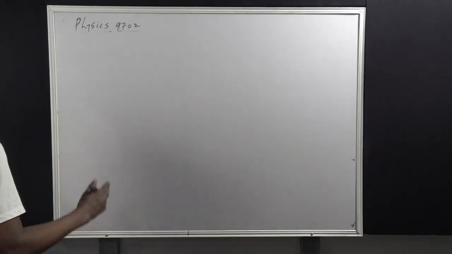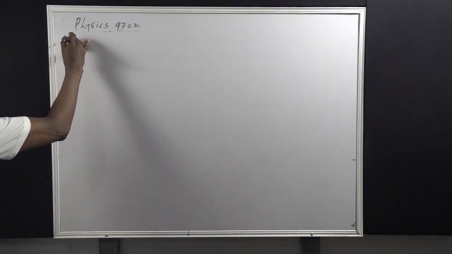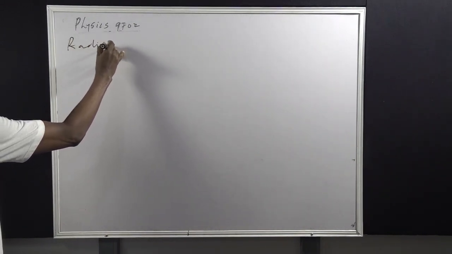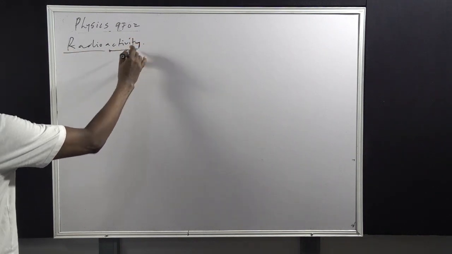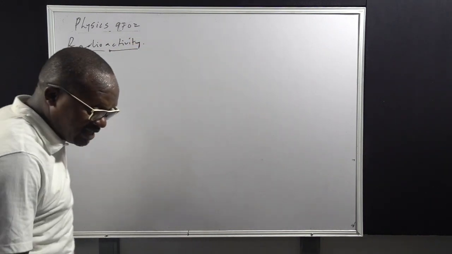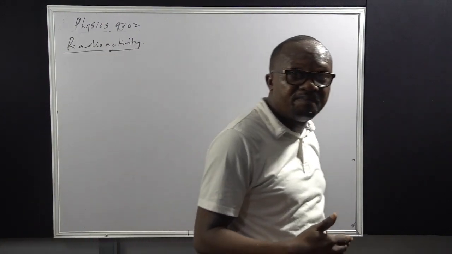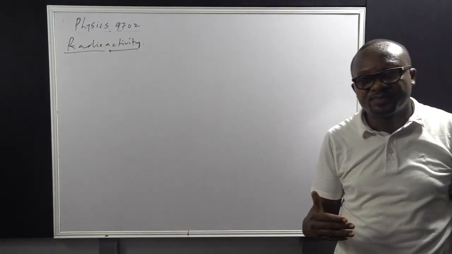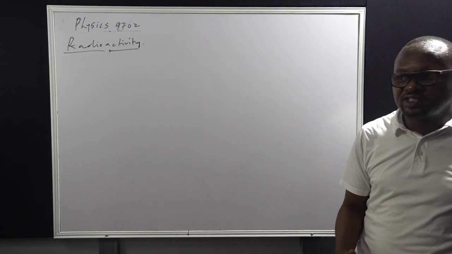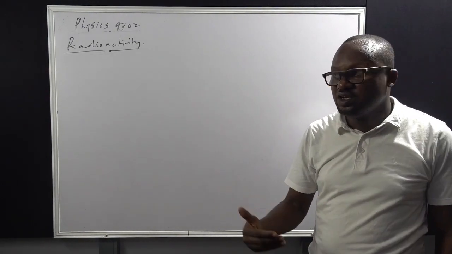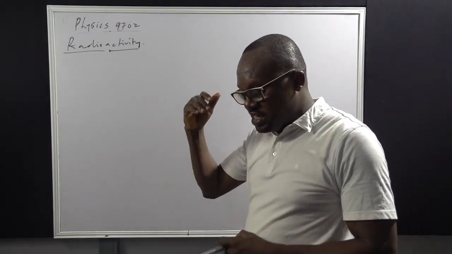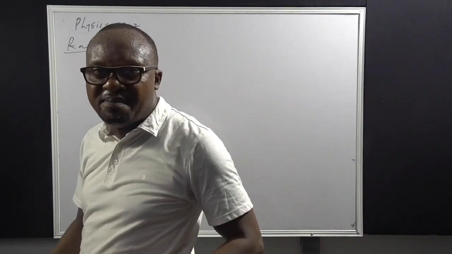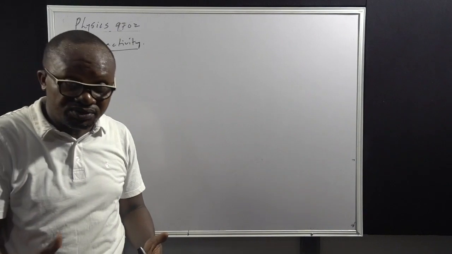So now let's look at radioactivity. It has been observed that certain nuclei by themselves disintegrate. What does it mean to disintegrate? To disintegrate means to break down. So those nuclei break down on their own, and in the process of breaking down, they emit certain particles.